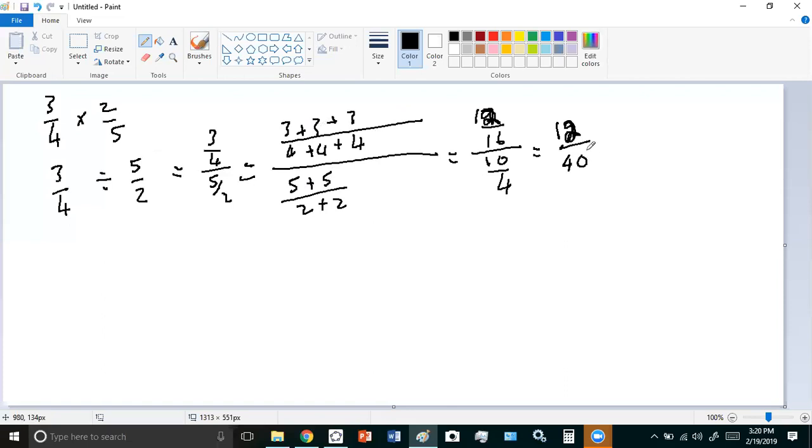And then, of course, 6 goes into there. 4 goes into there 3, and 4 goes into there 10, and so we get 3/10, right? So 3/10 is the correct answer, but that's just one way of doing it. I could have carried on here if I wanted to, like this, and it doesn't matter. I could have even left that one just as it is.